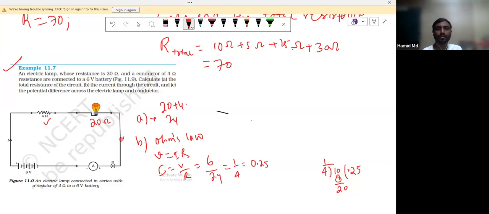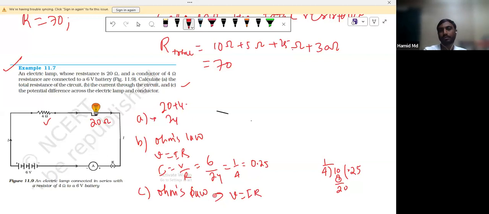Okay. C is the potential difference across the electric lamp and the conductor. Again, we have to use Ohm's law. V is equal to I times R, right?